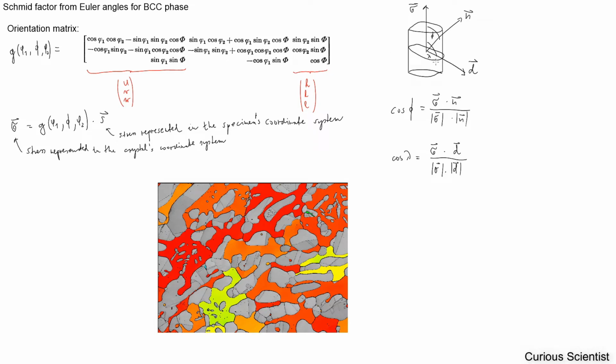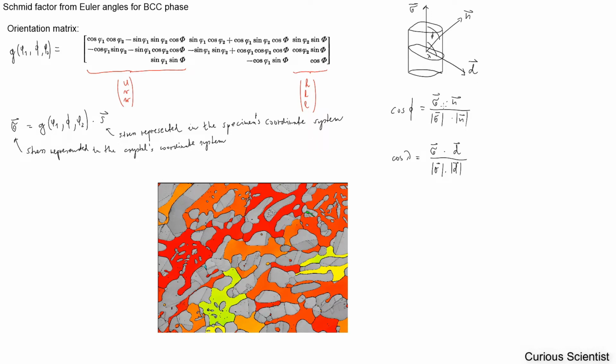So what we have here is two angles. One angle, phi, is defined between the sigma vector and the n vector, and the other angle, lambda, is defined between the sigma vector again and the d vector, the direction.